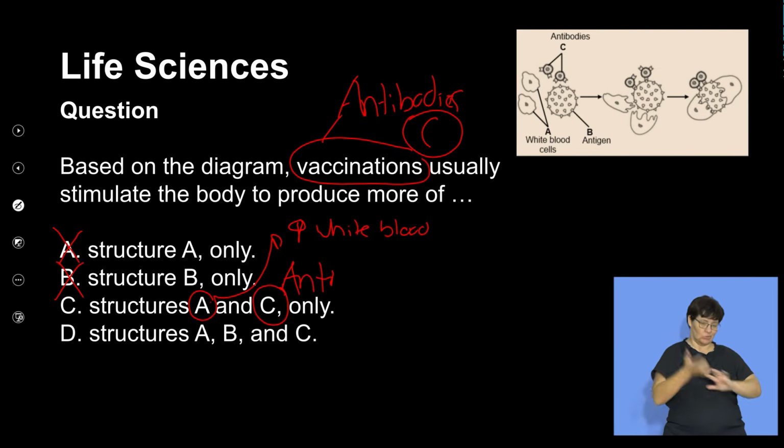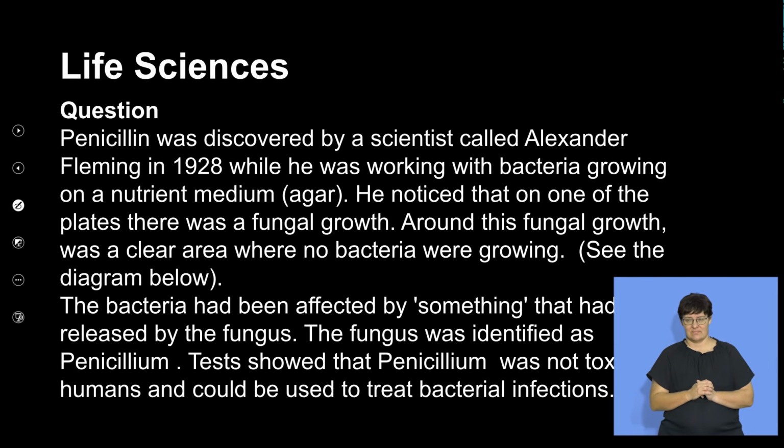All right, so yes, this is looking like the right answer, but I'm going to go to number D because it's structures A, B, and C. But guys, it can't make number B. It doesn't make the antigen. The antigen is already, all right, on the cell. So D then becomes incorrect. So our most correct answer is going to be number C.